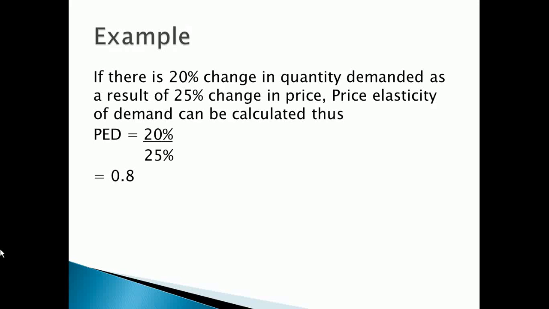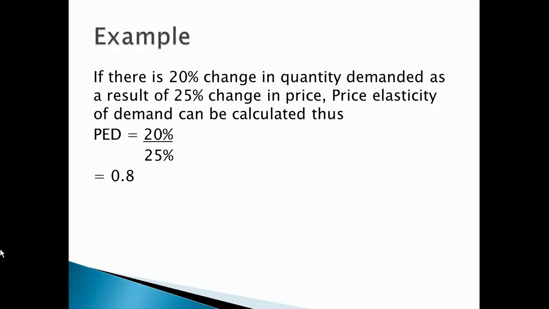That is, we can use the percentage method. Now, this percentage method can be further broken down into Q2 minus Q1 over Q1 times 100 in order for us to obtain the percentage change in quantity. Everything over P2 minus P1 over P1 times 100 in order to obtain the percentage change in price.